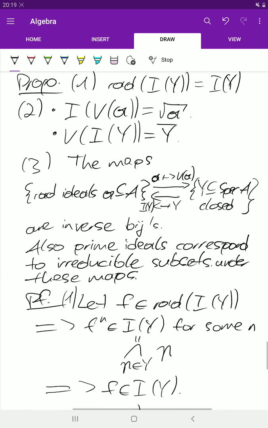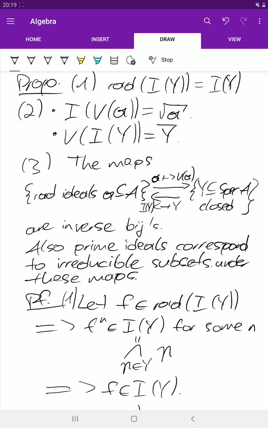Okay, so the next statement. The first part of 3 follows immediately from part 2. So if we have a radical ideal, we get a closed subset, and this is clearly a bijection if we look at these things here.